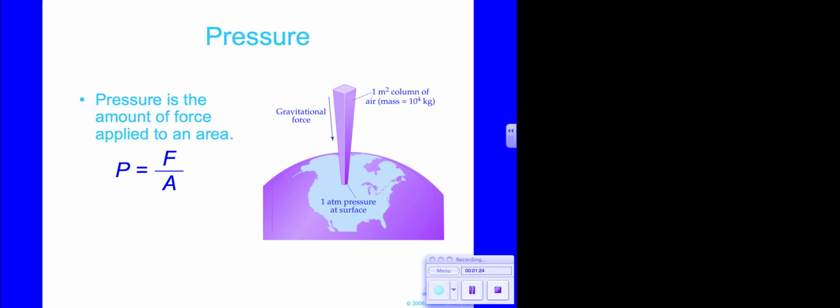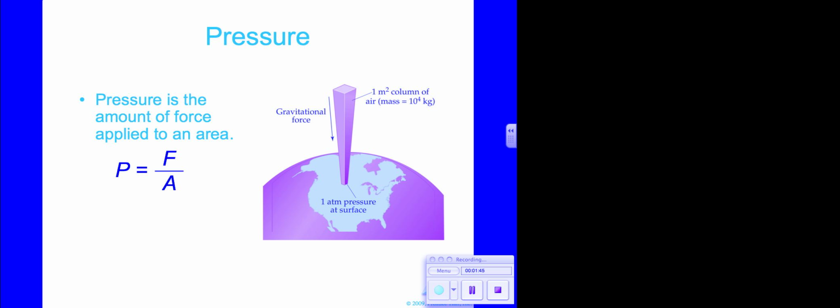The atmosphere where we live, like in Blaine, you've got a certain amount of air that exists above you. Imagine a column of air, as diagrammed here, going from where you're standing all the way up to the outer atmosphere.